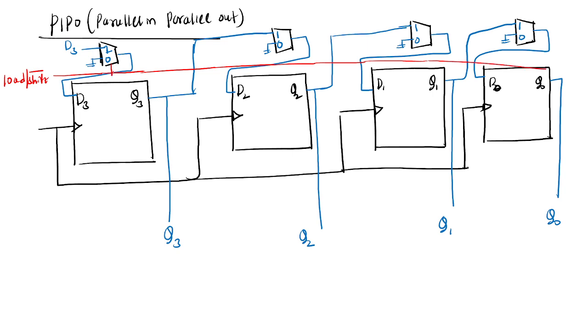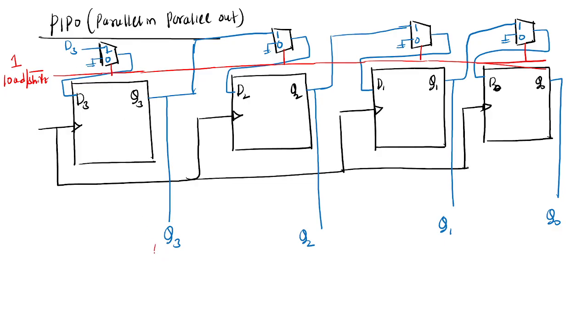So when load equals 1, parallel load is happening. Load equal to 0, then it is off. So that means parallel load is happening.